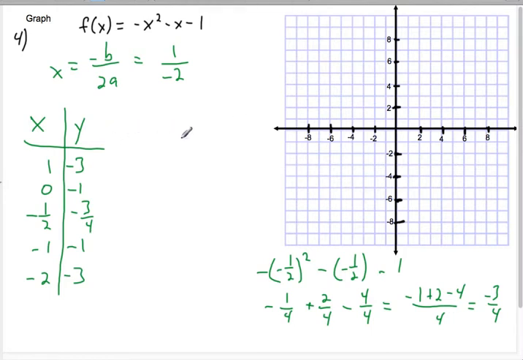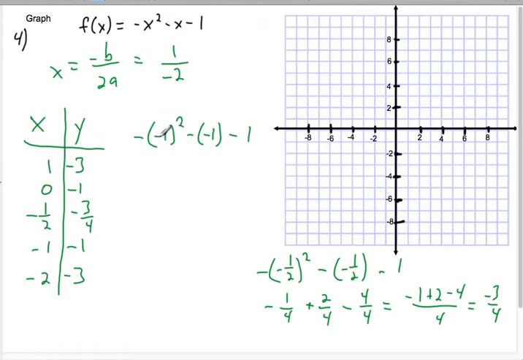And just to show you how I'm doing this in my head, I'll just plug in a couple of these so you see what's going on. Like the negative 1, for instance, plug that in. I like to use parentheses every time just to show what's going on, make sure I don't mess up with the negative signs.